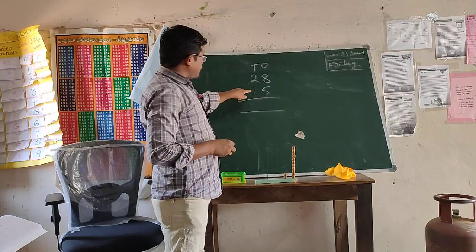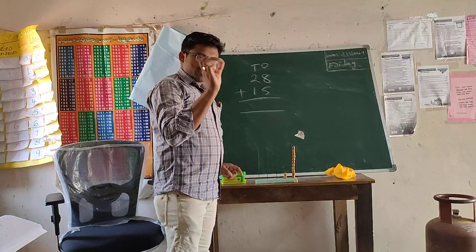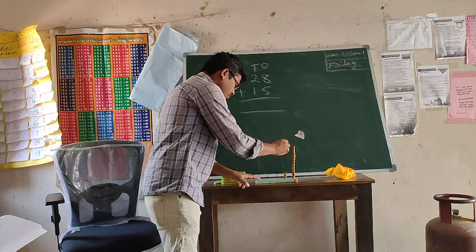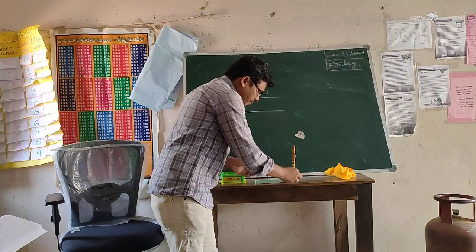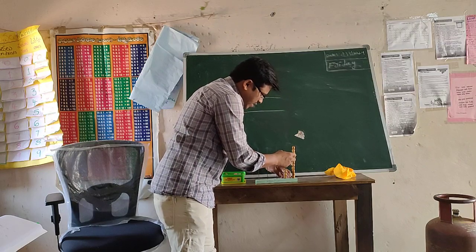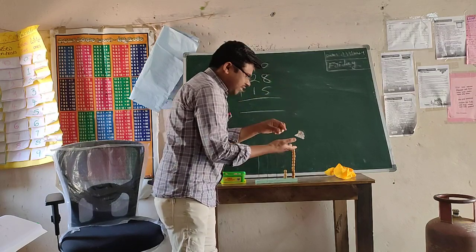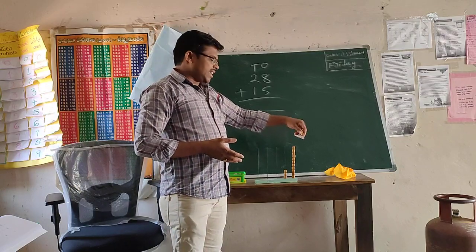Next, tens. How many tens? 1 only. We add 1 ten. Now you count: 1, 2, 3, 4, 5, 6, 7, 8, 9, 10, 11, 12, 13. 13 ones are there here.